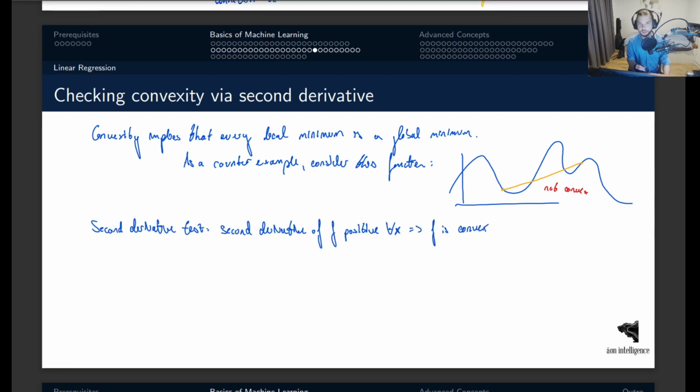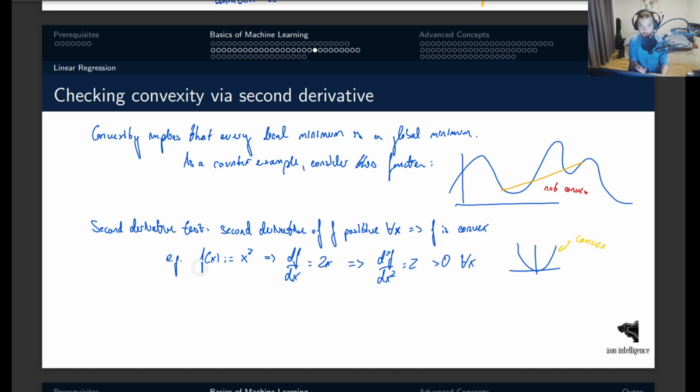But how do we find out whether a function is convex? Because we don't want to draw graphs all the time and connect function values with lines. So there's the second derivative test, and it states that if the second derivative of a function f is positive for all input arguments, then that function f is convex. Now, as a really simple example, consider the function x squared.